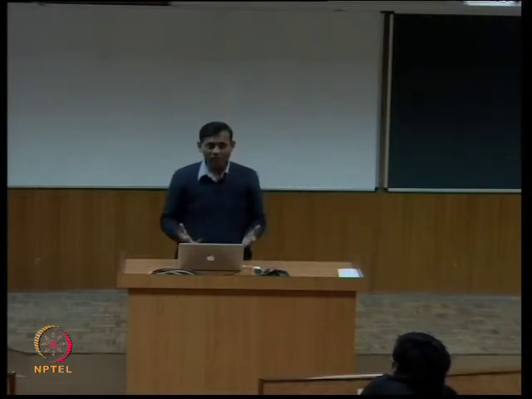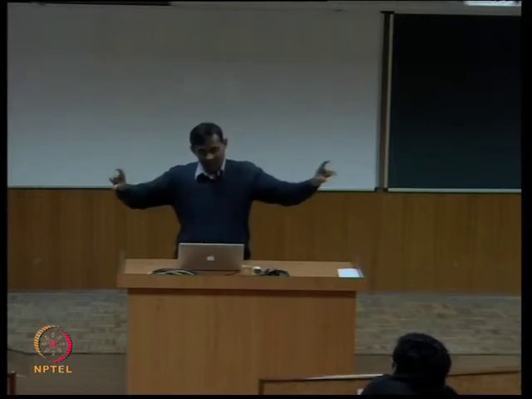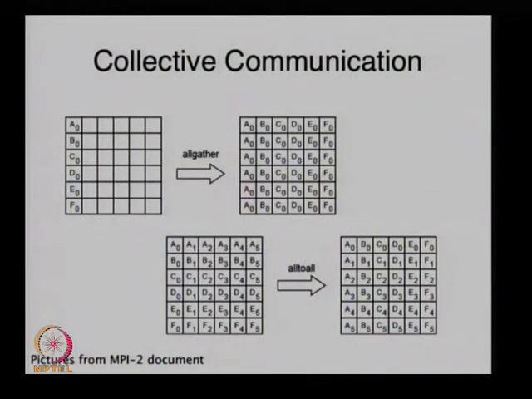So at the end of all gather, it's not only processor 0 that has the gathered result, but everybody. That's the only difference. And all to all is taking it to the other dimension also. But an all gather will require an all scatter happening.